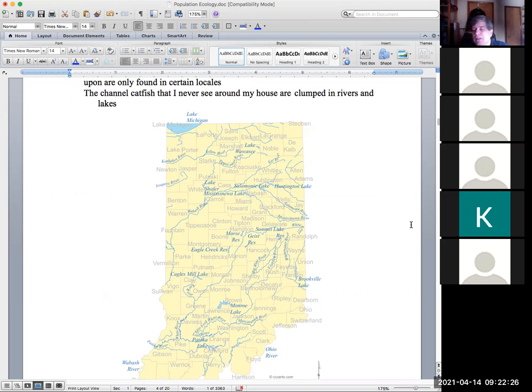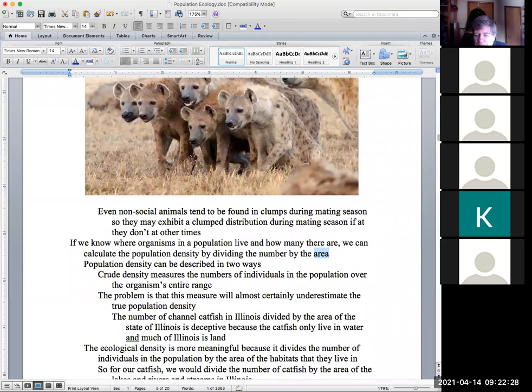So when we look at the population density, if we're just dividing by the total area of the range, then this is sometimes called the crude density. And whenever in the sciences we call something crude, it doesn't mean somebody who's obnoxious; it means it's a bad estimate.